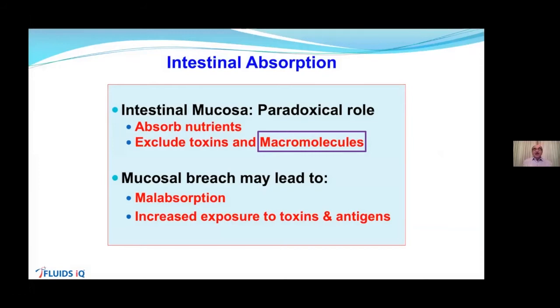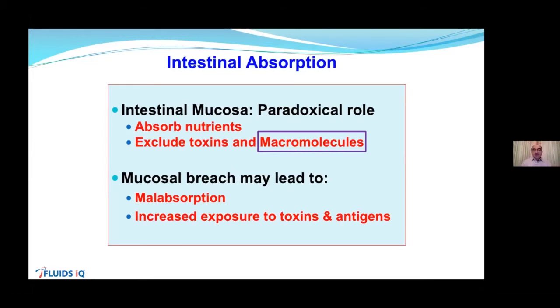Now, we know that when you look at intestinal absorption, the mucosa of the intestine, that one cell lining, one layer of cells, it's remarkable that it is only one layer of cells, and it has a very paradoxical role. On the one hand, it is trying to absorb nutrients, but at the same time, it needs to be able to exclude various toxins and macromolecules so that the body is only seeing the particular molecules that it requires for its nutrient function.